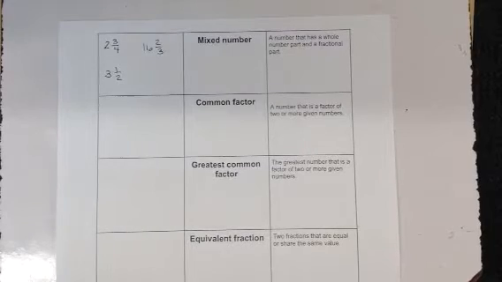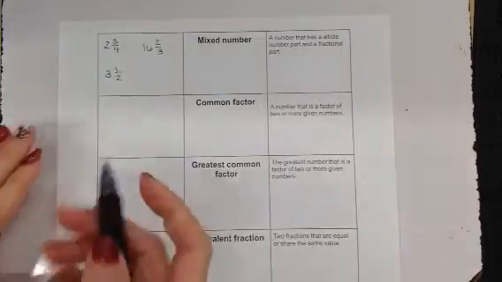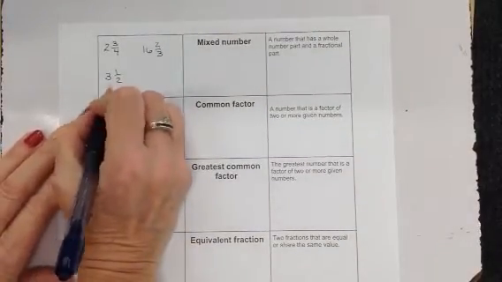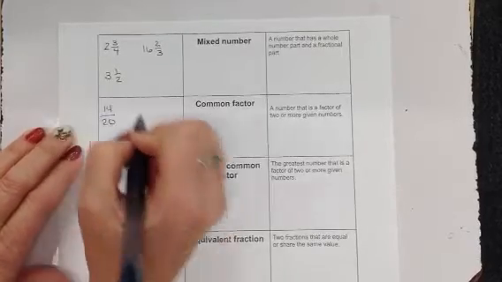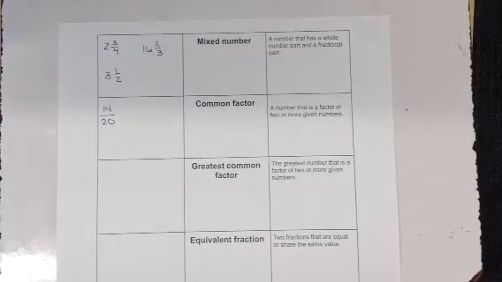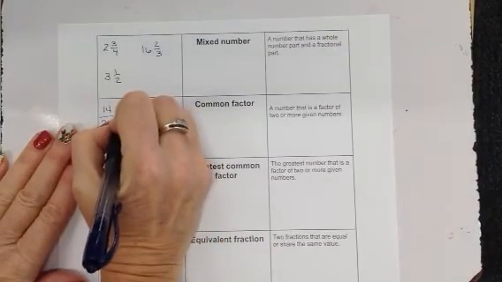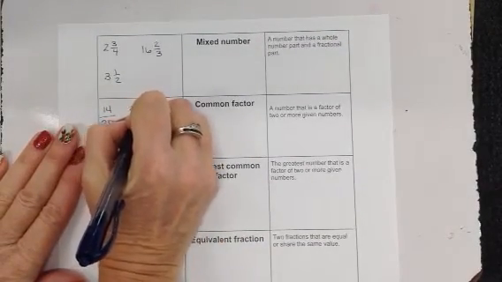All right, a common factor is a number that is a factor of two numbers. And we are going to be using common factors when we're simplifying our fractions. So maybe I have 14/20 written here. Okay? Some common factors of 14/20. I can say to get to 14, I can say 2 times 7.